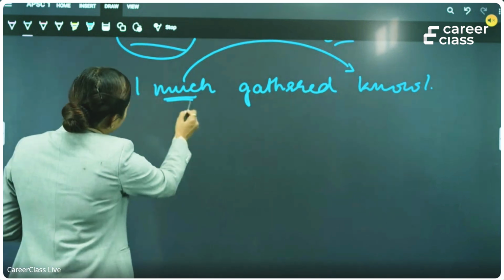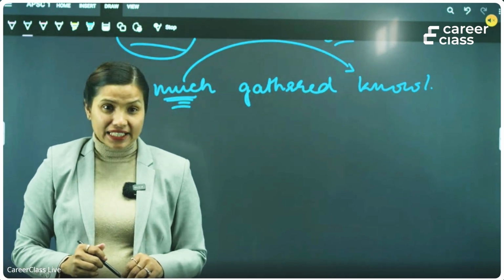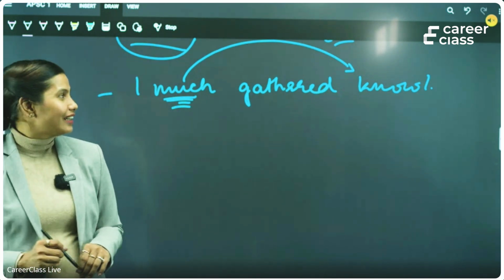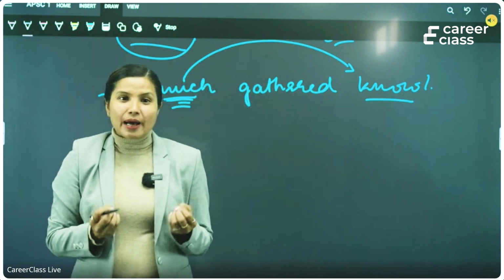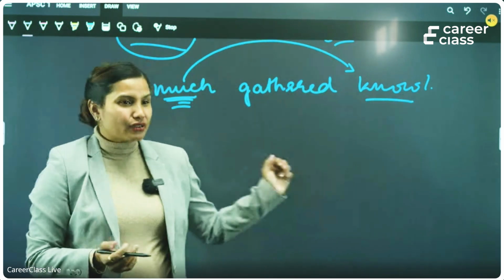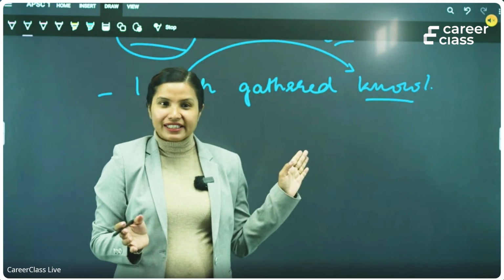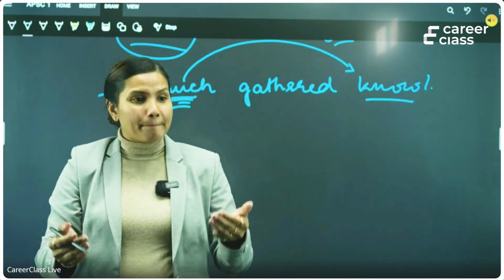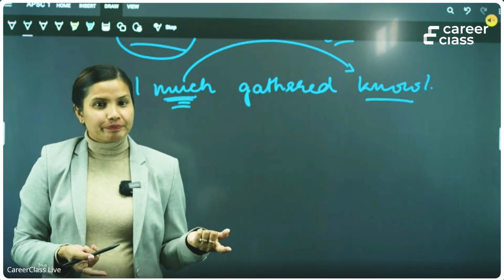What is much doing here? What is its role? It is an adjective, right? It is bringing up more meaning to this word knowledge. And what is knowledge? Here, it is a noun. When we express more about any particular noun, then what do we use?